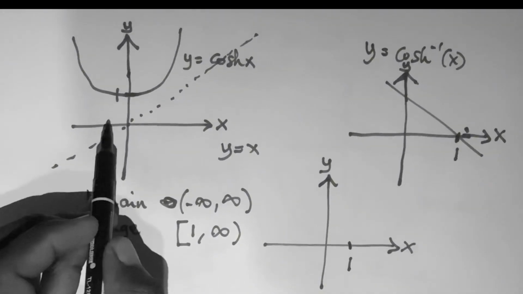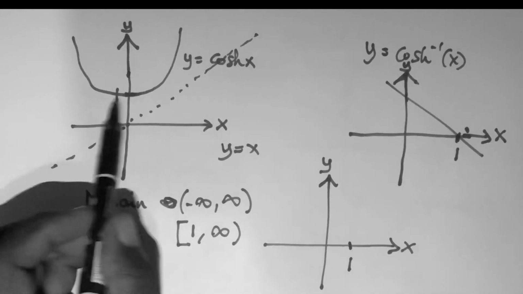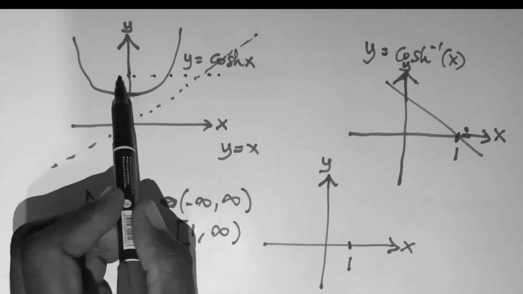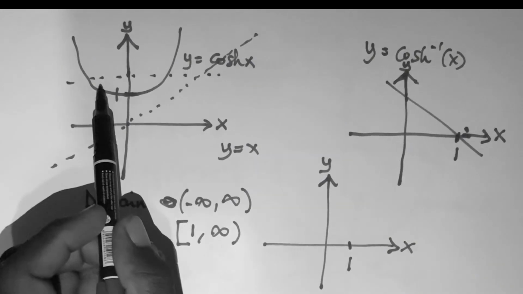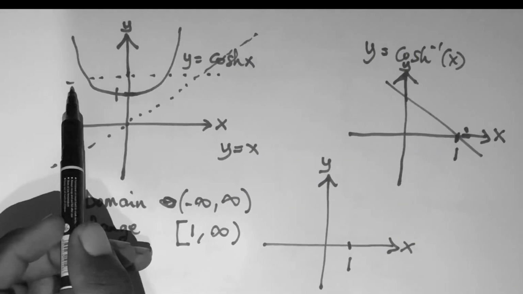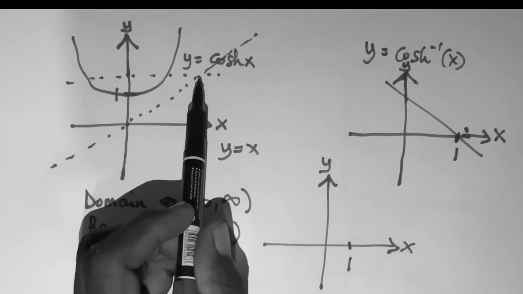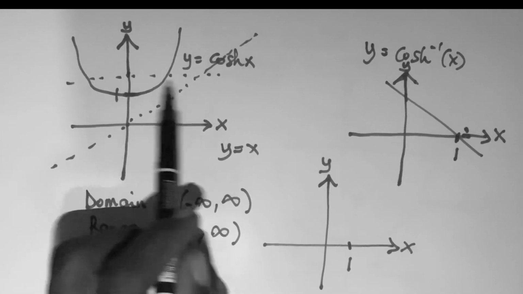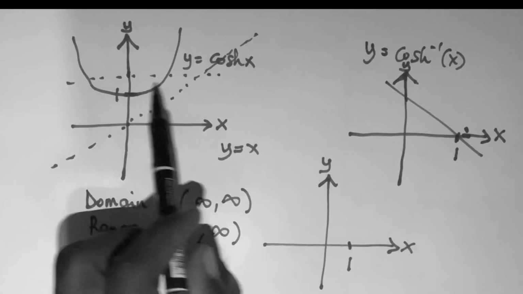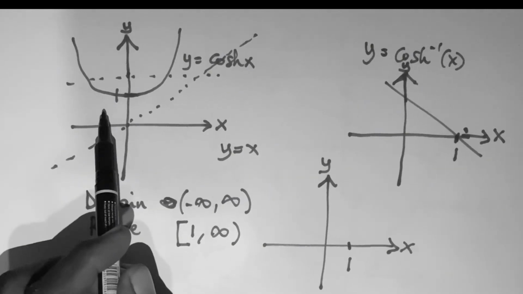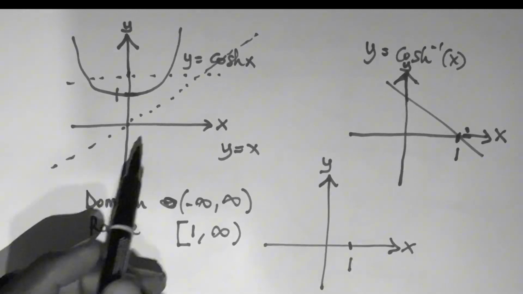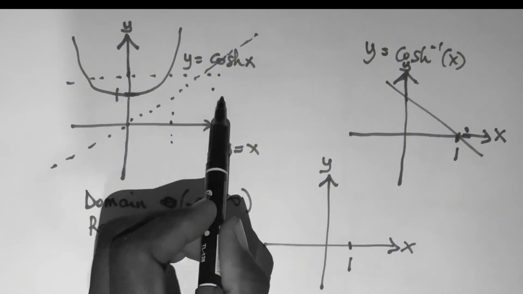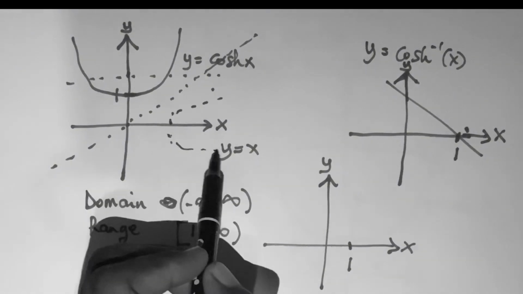Aside from that, you see that if we draw a horizontal line through this graph, the horizontal line will touch the graph at 2 points. So this curve fails the horizontal line test. And if a graph fails the horizontal line test, it means that its inverse cannot be a function. So if we were supposed to sketch this graph, then it would have looked like this.